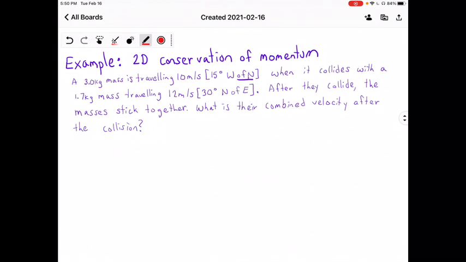So object 1, here's my before. We have m1 equals 3 kilograms, and v1 is 10 meters per second at 15 degrees west of north. I could draw this 10 meters per second. We know it's in the northwest direction, so I'm going to draw my 10 meter per second arrow.